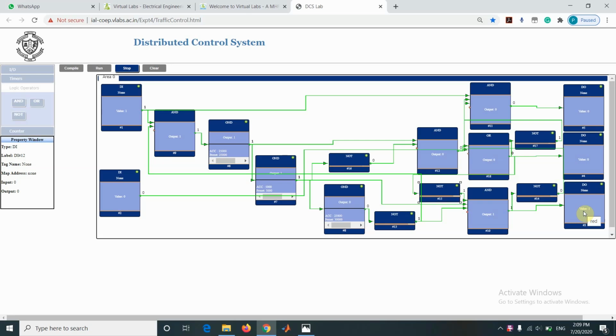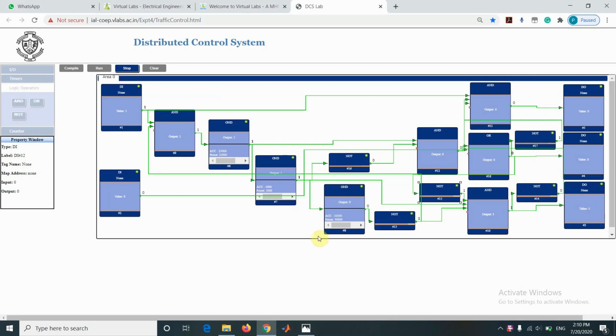Red light is on, then again green light is on, then again yellow is on, and then red is on again.